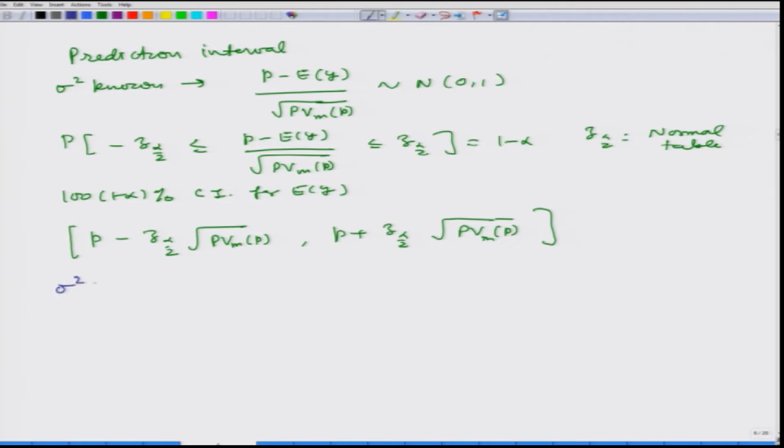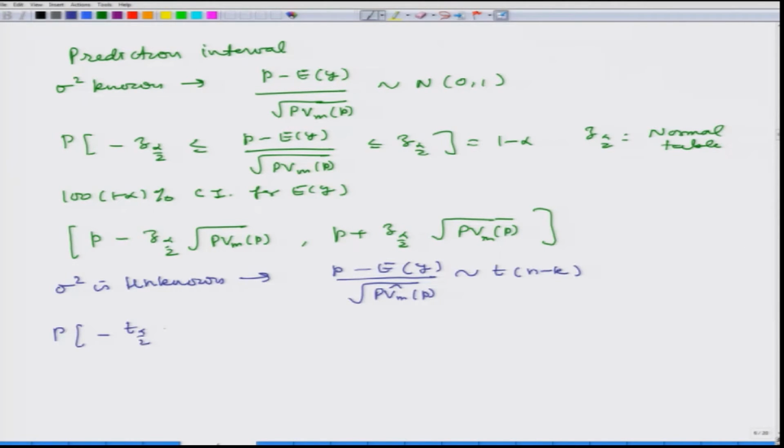The second case is when sigma square is unknown. In this case, we know that (predictor minus expected value of Y) divided by the standard error of P follows a t distribution with n minus k degrees of freedom, and the critical values are: minus t alpha by 2, n minus k, less than or equal to (P minus expected value of Y) over the square root of the estimate of predictive variance for mean, less than t alpha by 2, n minus k degrees of freedom, is equal to 1 minus alpha.